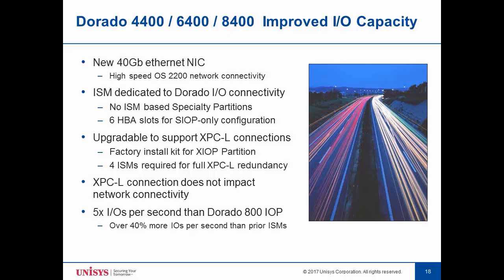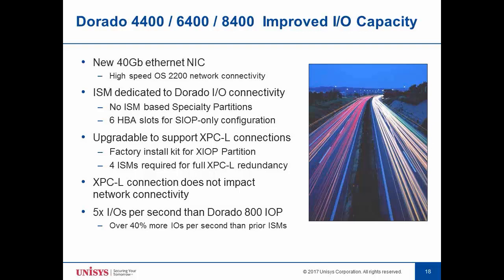Overall, the I/O is improved in the new Dorado 4464 and 8400. The ISM, or the I/O storage module, is the Intel-based platform that provides that level of I/O capacity. We talked about the new 40 gigabit Ethernet NIC, which allows the Dorado system to be part of a high-speed client network.